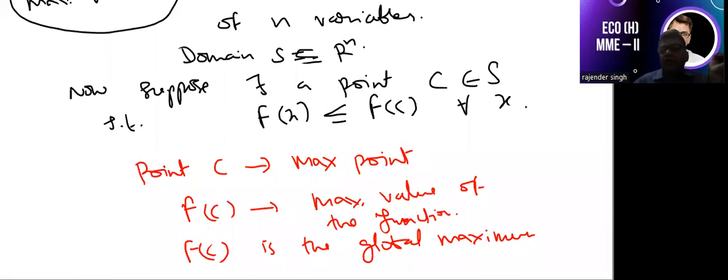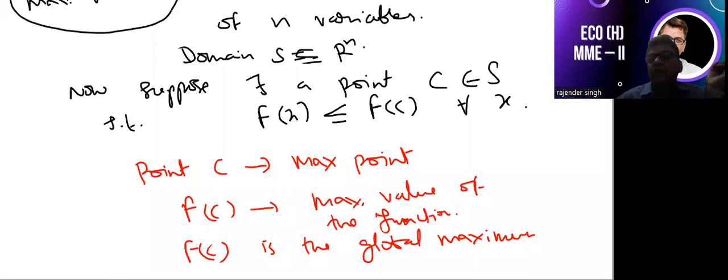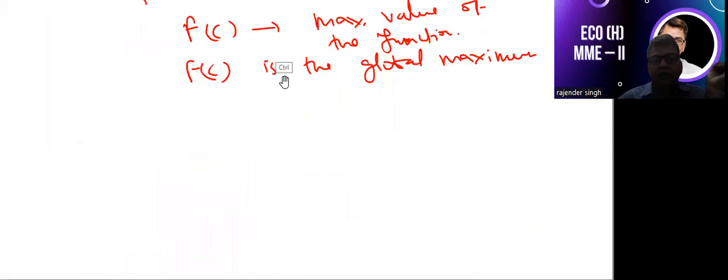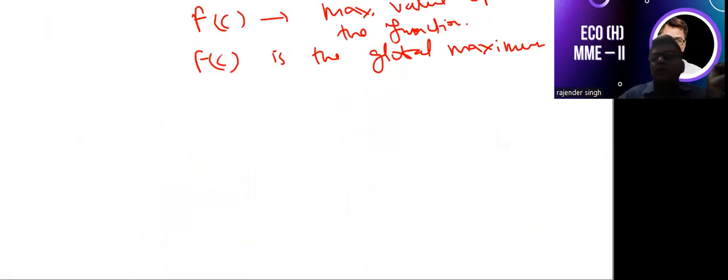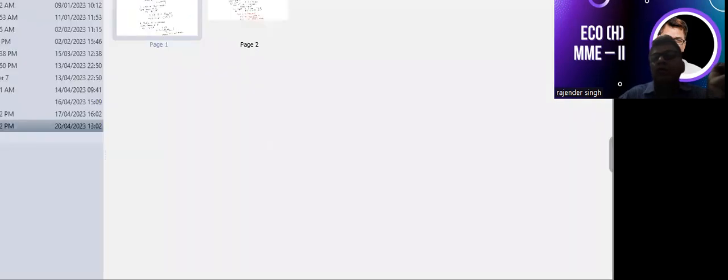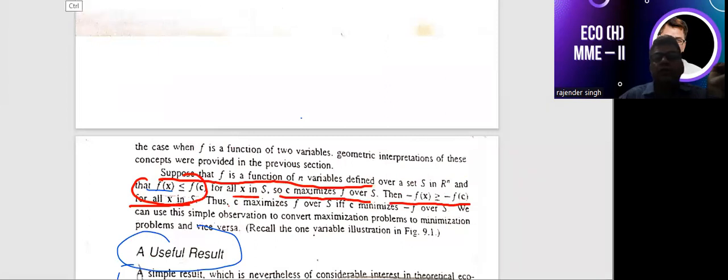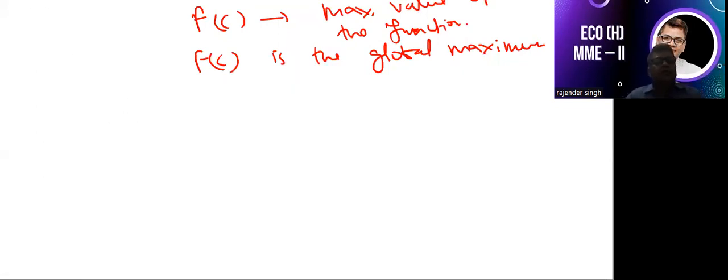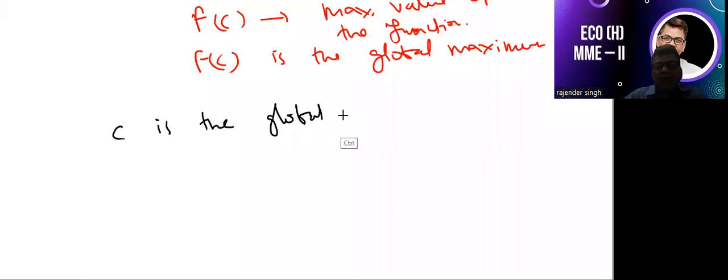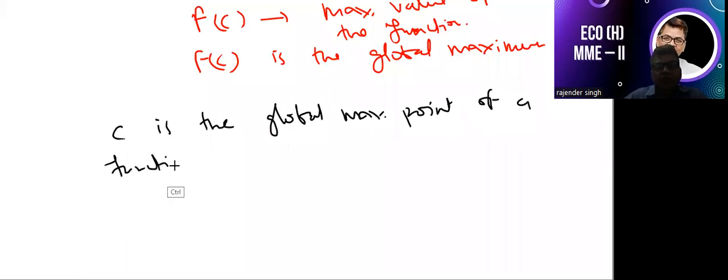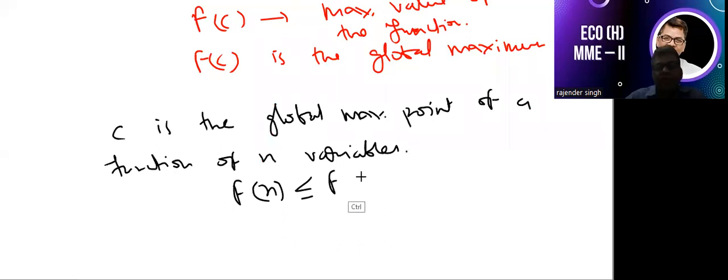If I say c is the global maximum point of a function of n variables, it means f of x is less than or equal to f of c for all x belonging to set S. What is set S?